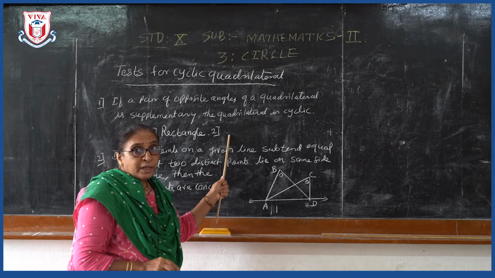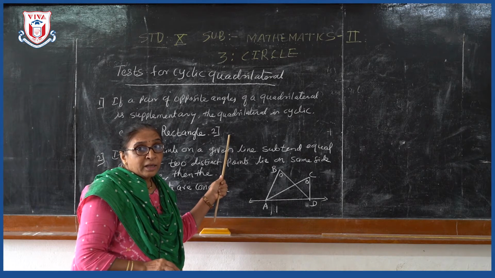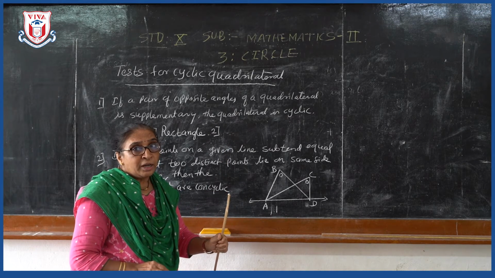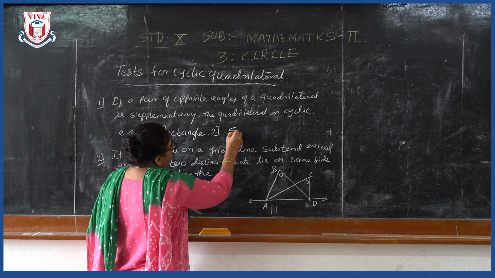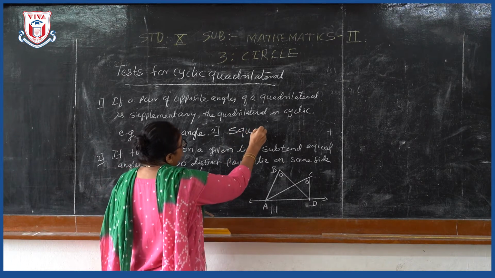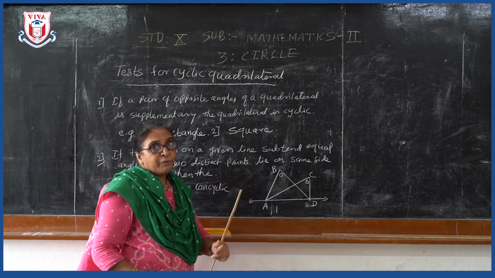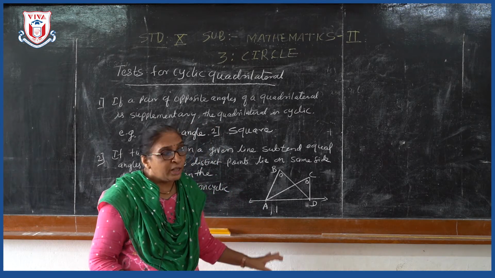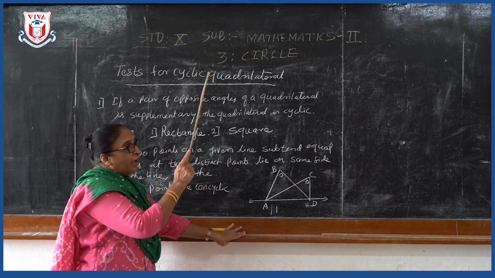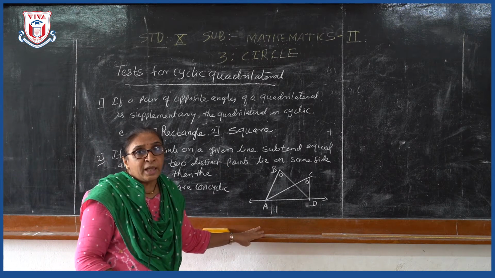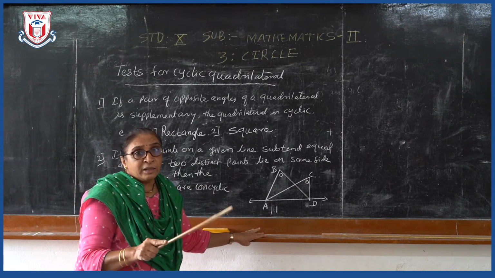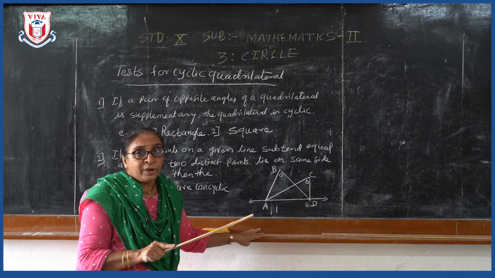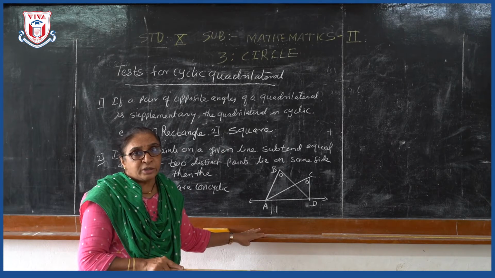Another type of quadrilateral is a square, because a square is also a type of rectangle as each angle is a right angle. So, in the case of a square also you can say that this square is always a cyclic quadrilateral.